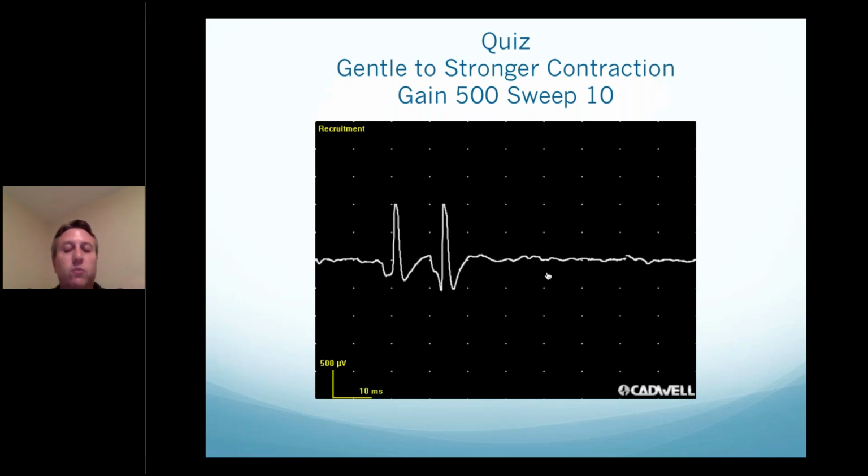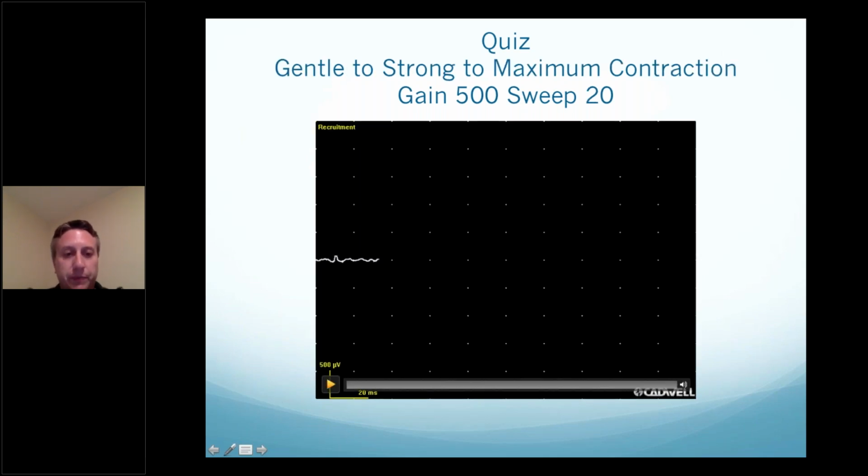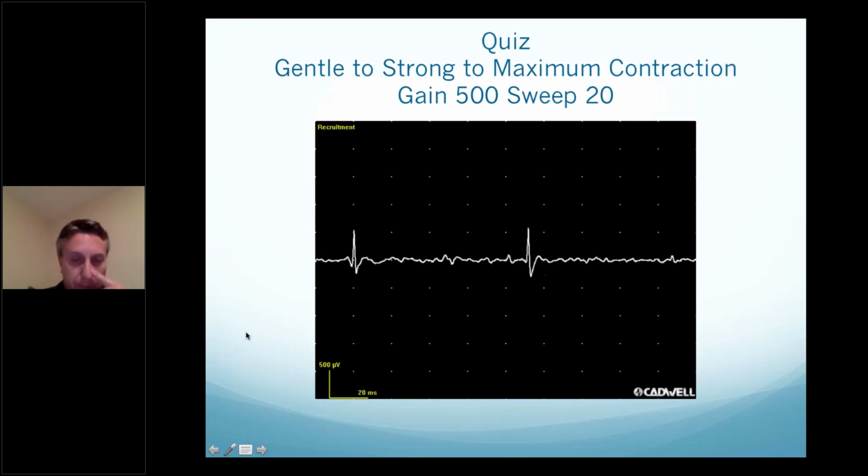So there was only the one. So this was a neuropathic type of recruitment. And then finally, this one's the last one. We have gentle to strong to max contraction with a gain of 500 and a sweep of 20. So let's take a look at this one here.